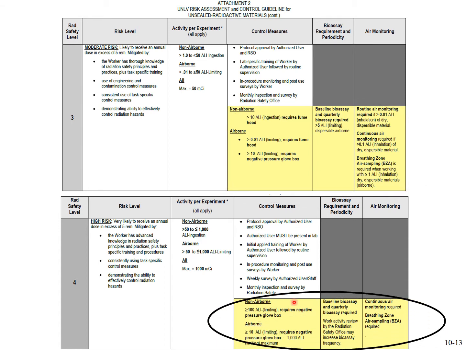Again, there are requirements on using negative pressure glove boxes above certain ALI limits, and also interactions with the authorized user. So all this data is available, and one can use it to determine the risk levels or rad safety level for the experiment one is interested in performing.